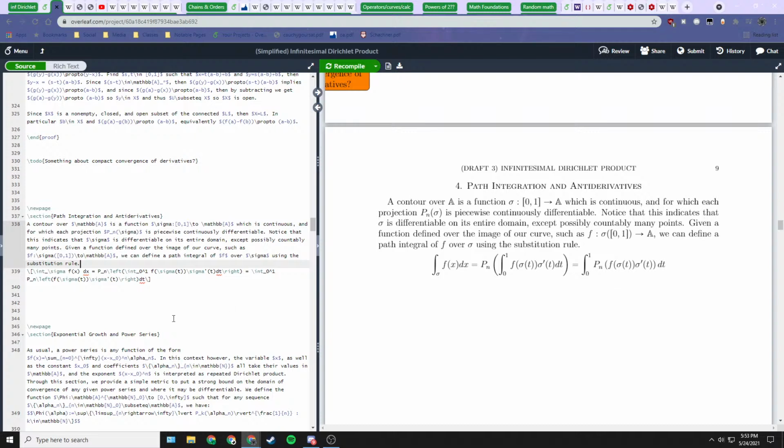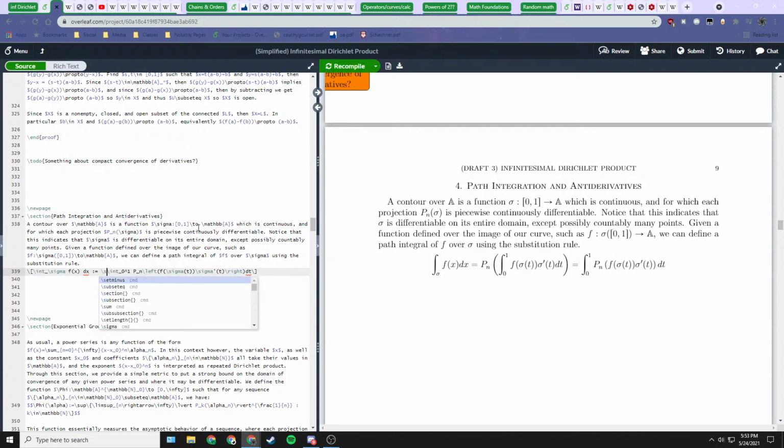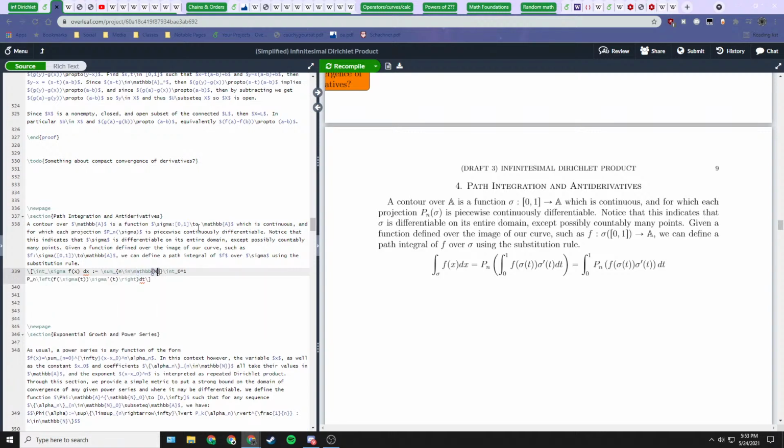We could define it like this, or instead of defining each projection, we can define it like this.